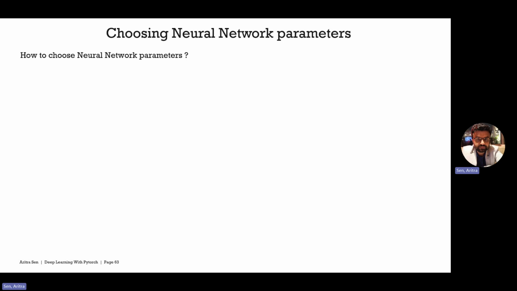First of all, let's discuss how to choose neural network parameters, right? So far you have seen that we are building a neural network with a certain number of hidden layers, and a certain number of nodes in each of the hidden layers. We also choose different parameters of the neural network, right?